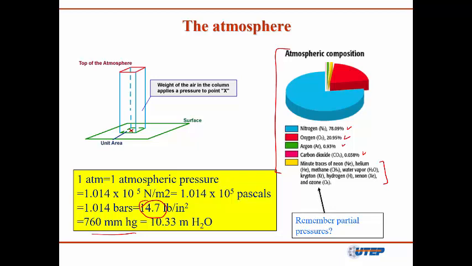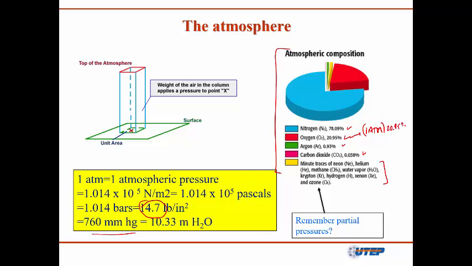So if you remember partial pressures from prior courses, if you have 1 atmosphere, the partial pressure of oxygen is going to be 1 atmosphere times its percentage, which is 0.209.